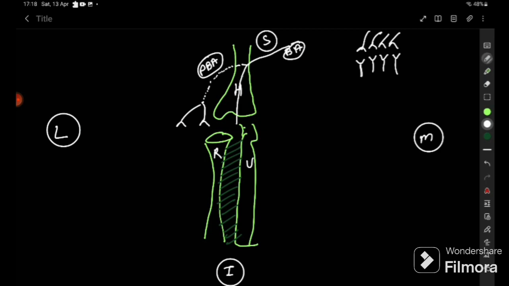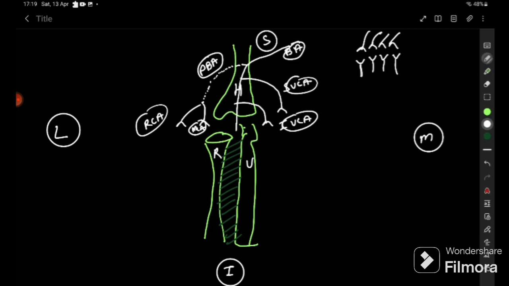And the brachial artery also gives off the superior ulnar collateral artery, because it is arising superiorly to the inferior ulnar collateral artery. So this is the radial collateral artery, this is the middle collateral artery, this is the superior ulnar collateral artery, and this is the inferior ulnar collateral artery.